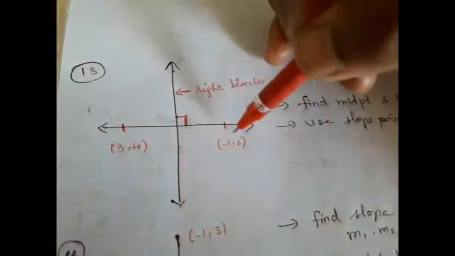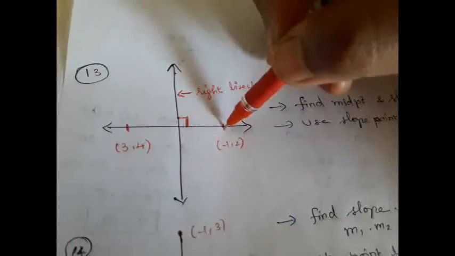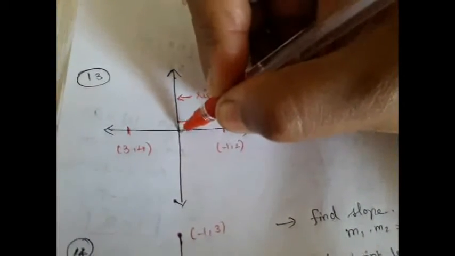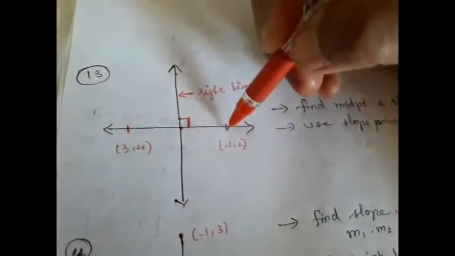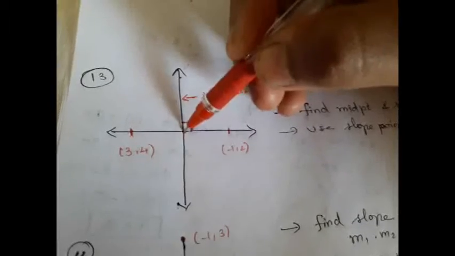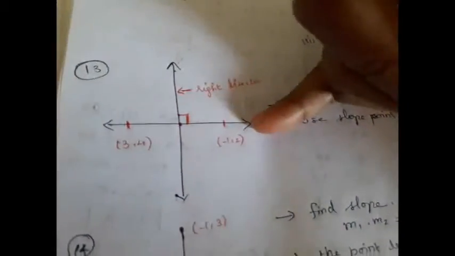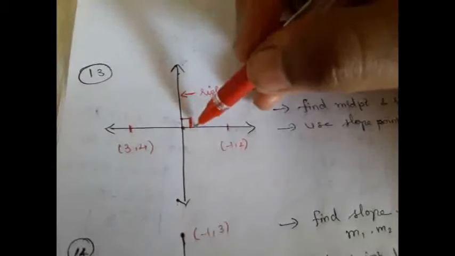We got the two points on the line. So if we find the midpoint of these two, that will give you this point. And obviously this point lies on our required line as well. So we got one point. And also we know this is perpendicular.